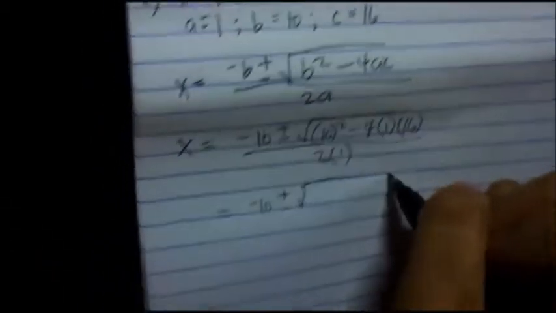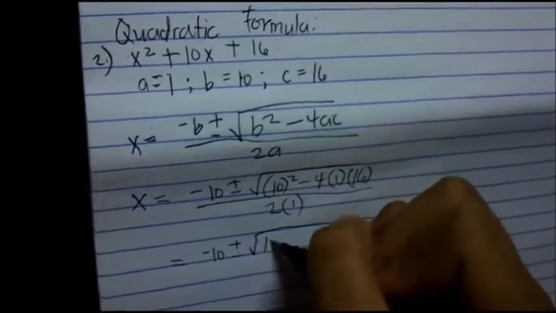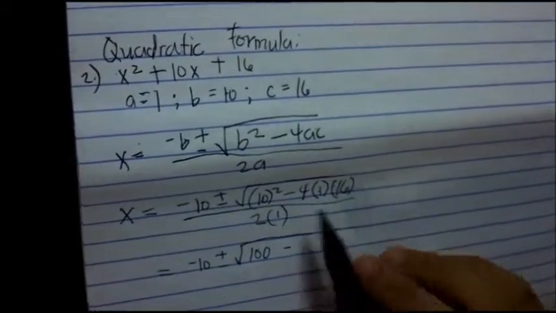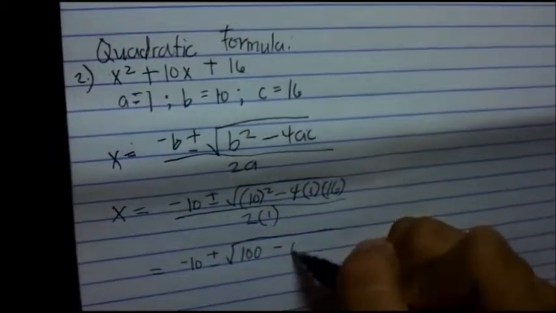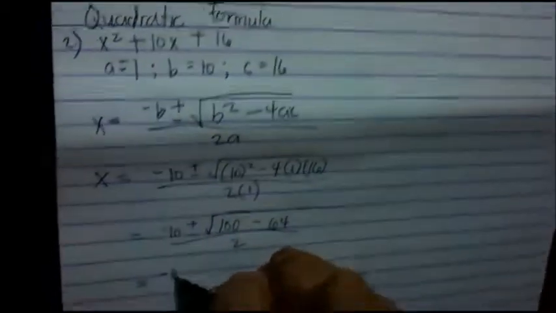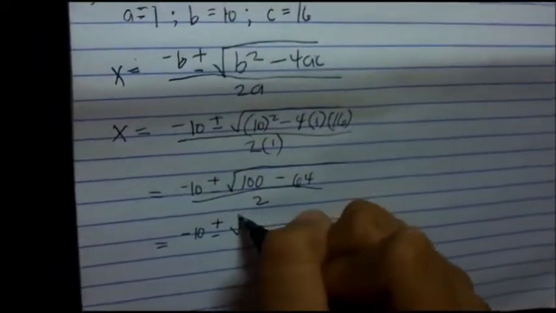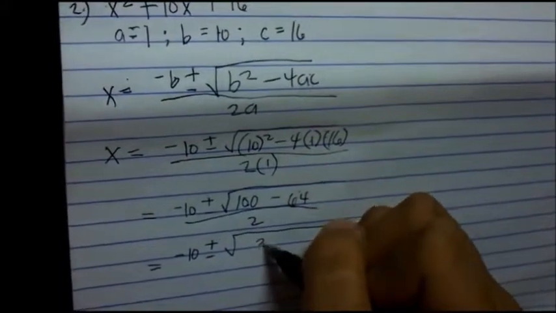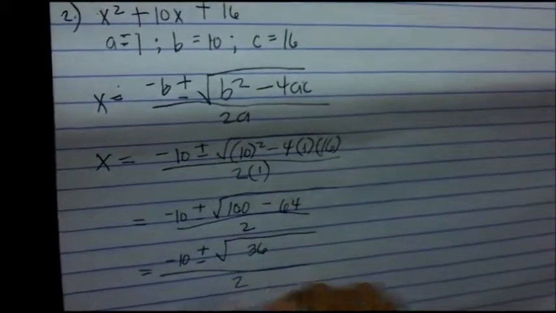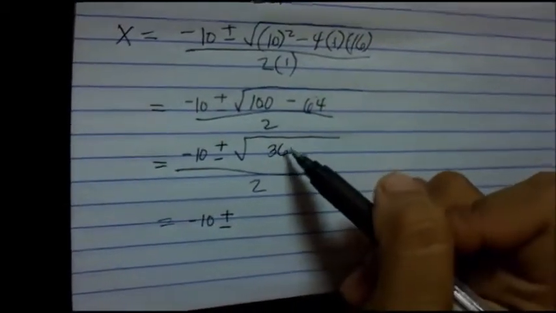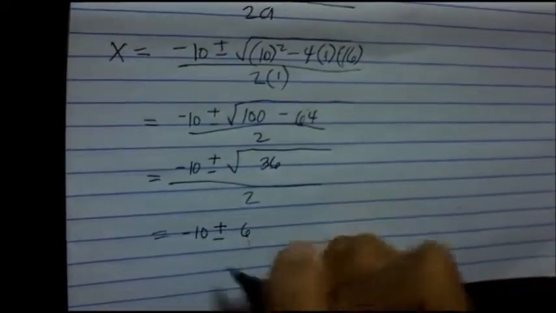So negative 10 plus or minus the square root of 10 times 10 is 100, minus 4 times 1 is 4, then 4 times 16 is 64, over 2 times 1 is 2. So negative 10 plus or minus the square root of 100 minus 64 is equal to 36, then over 2. Then negative 10 plus or minus the square root of 36 is 6, then over 2.